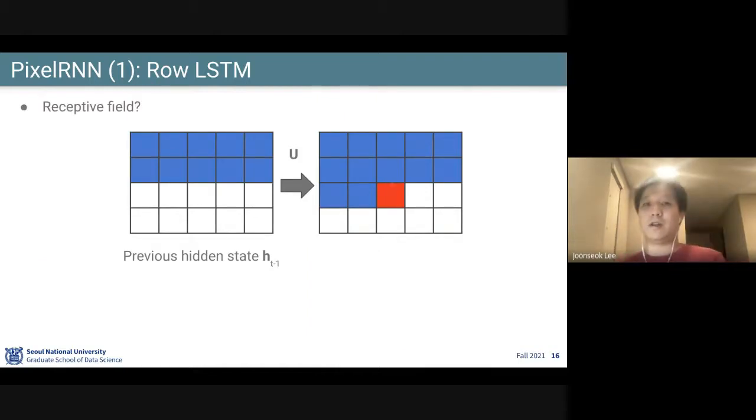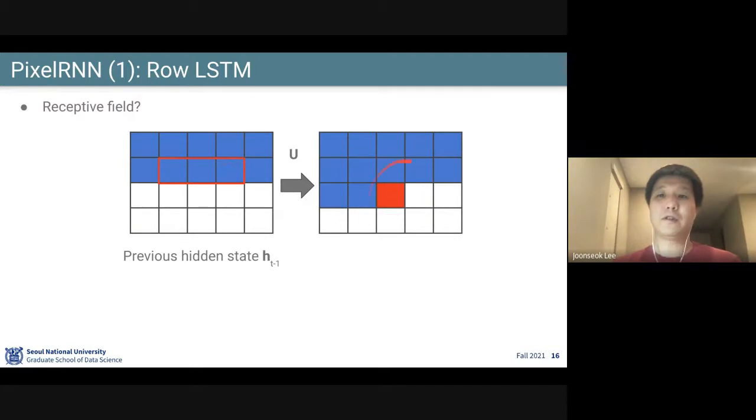Okay, so then let's analyze how it actually works and what the potential problem is. For the hidden states of this model, taking the information from the input image, when we fill in this part, what we use are the 3 corresponding pixels, the channel values from the previous row, which are these 3.